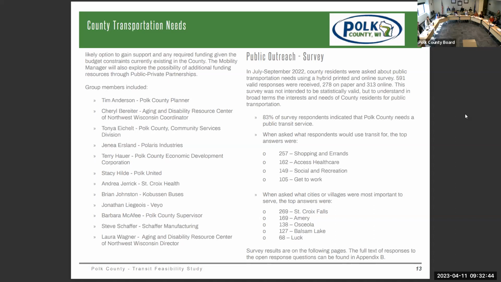And 83% of the respondents indicated that Polk County needs a public transportation service. Some of this is very predictable. Almost any time you go out, people want the service to come to their door and pick them up. They want it available 24/7, and they don't want to have to wait long periods of time. That's universal across every transportation study I've ever done. And not pay for it, at least not much.